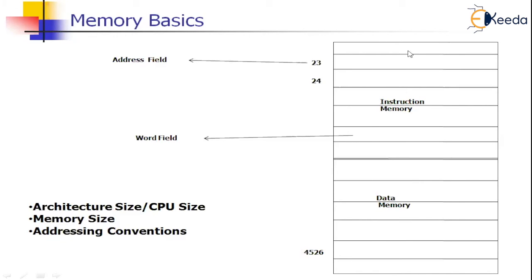When you use byte addressing, every byte will be given an address. So this is the first word. The first word will have 2 addresses because every word is designed with 2 bytes: the 0th byte and the first byte. The second word, of course, also gets 2 addresses: 2, 3, and then 4, 5.